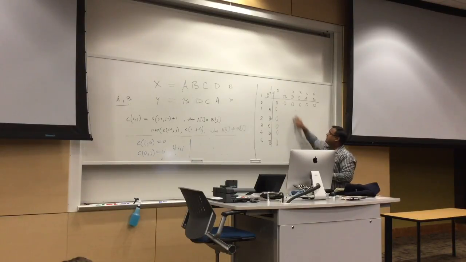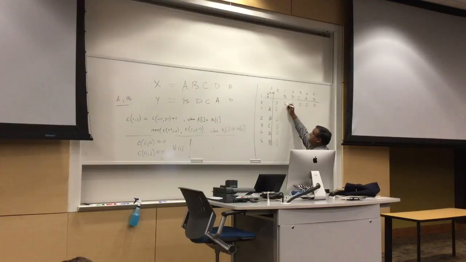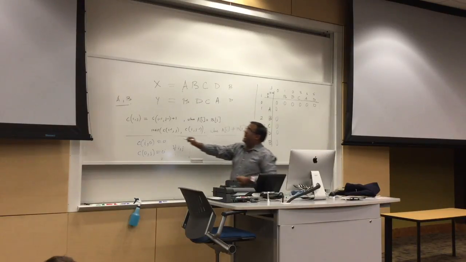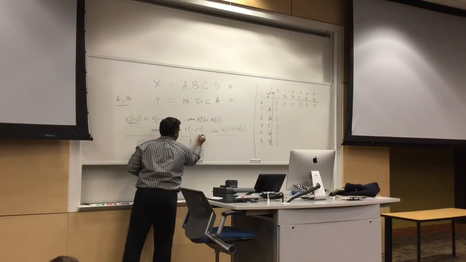You can fill this column if you want, so it's fine. As long as you have these three values, you can fill this. Why? Because this represents C(i-1,j-1), this represents C(i-1,j), and this represents C(i,j-1). Right? So to be able to compute C(i,j), you just need either this or this and this.